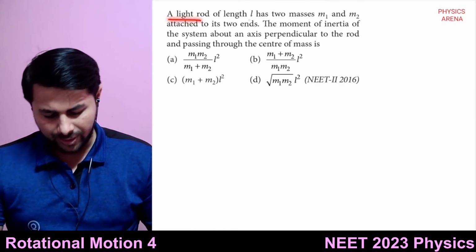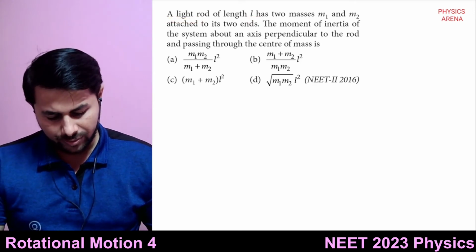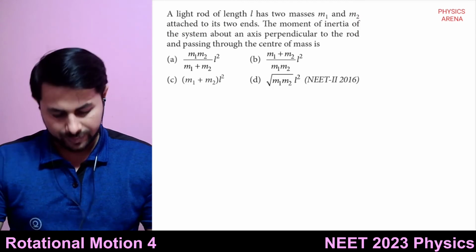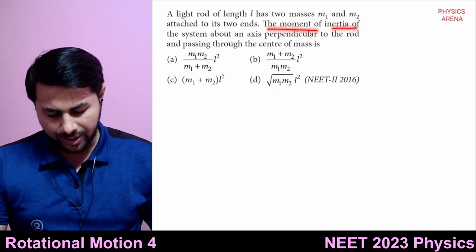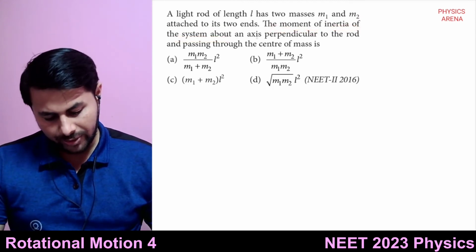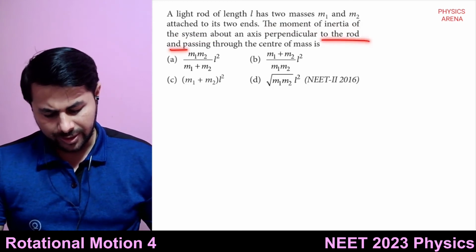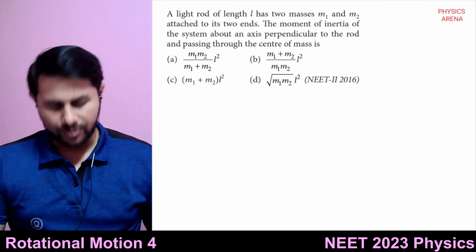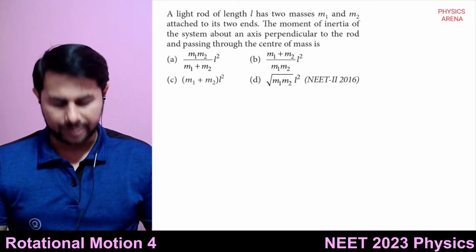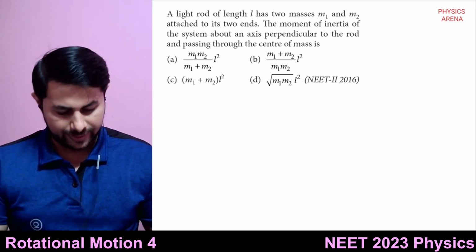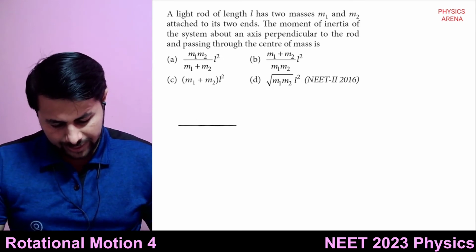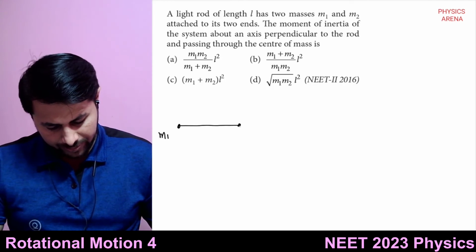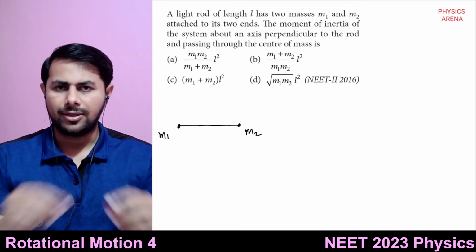A light rod of length L has two masses m1 and m2 attached to its two ends. The moment of inertia of the system about an axis perpendicular to the rod and passing through the center of mass is? There is a light rod, which means we have to neglect its mass, with two masses m1 and m2 at its two ends.